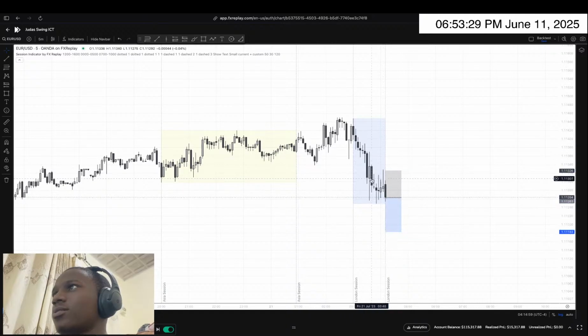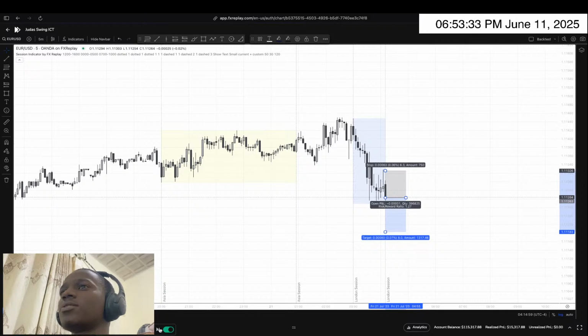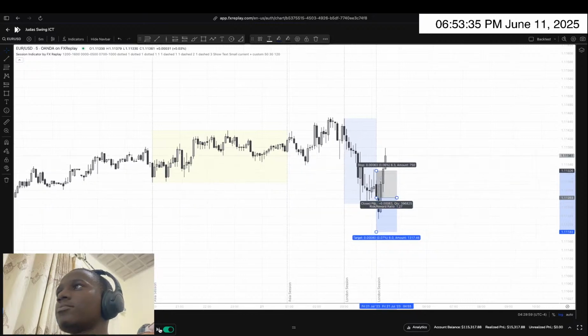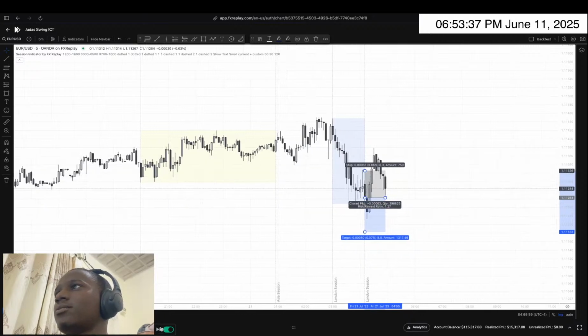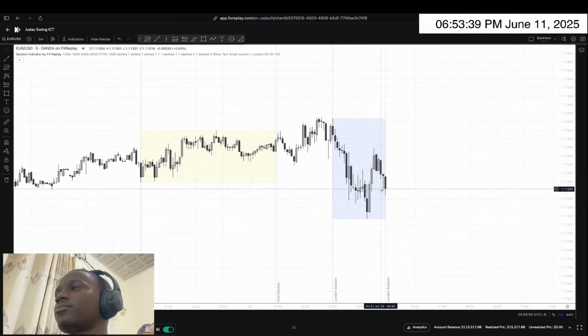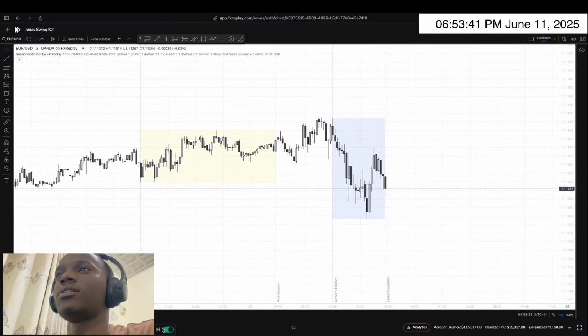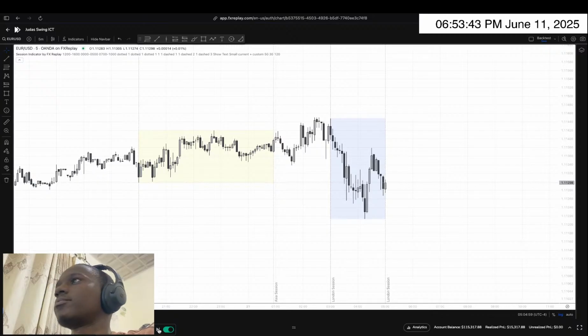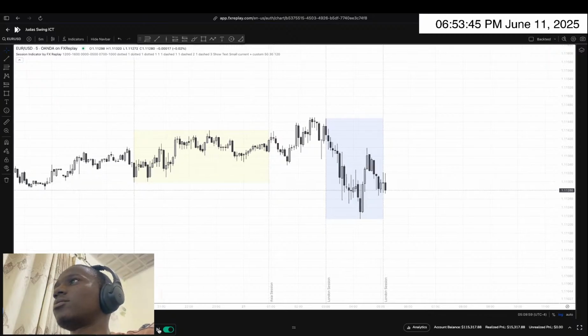A placement to a go big order block and then a drop. So let's see if this one plays out. So it doesn't fully reach the previous daily low.